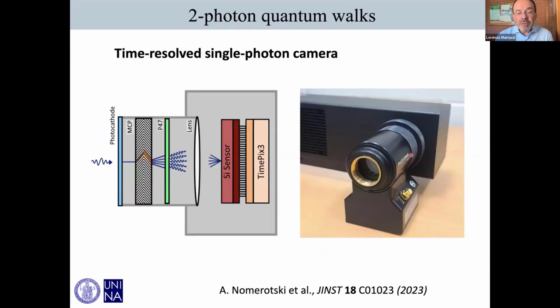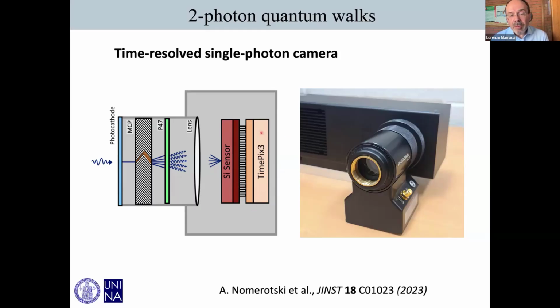There is a technology that we are using, which is shown here. It's a time-resolved single photon camera based on a photocathode. Then there is a multi-channel plate for enhancing the signal, the number of photons. And then there is a sensor of light that converts them into an electric signal.